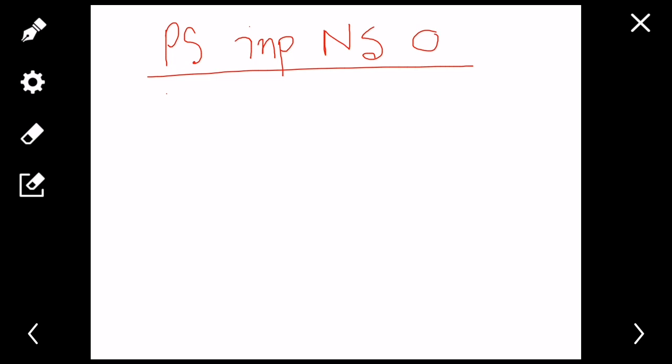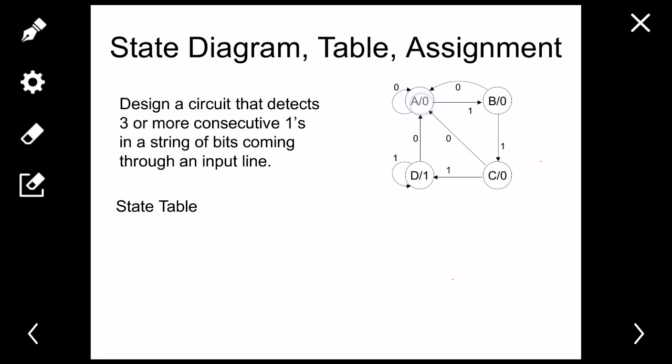For present state, you can easily see that there are 4 states. So I will be needing at least 2 bits to mention all the 4 states. For example, this would be 00, this would be 01, 10, 11.